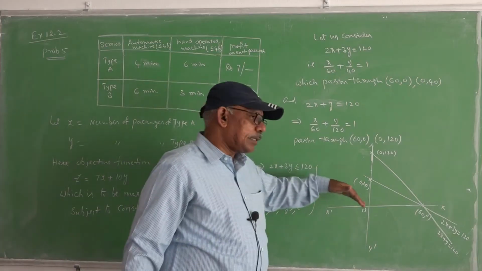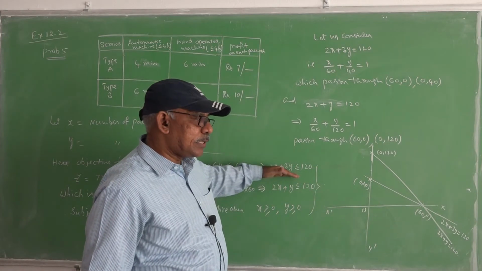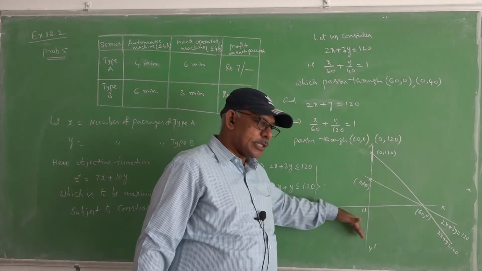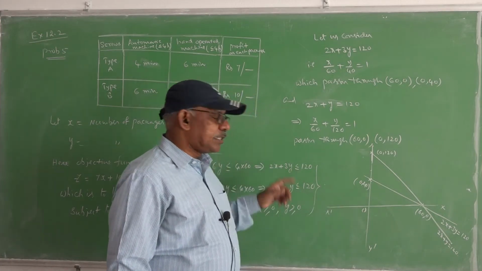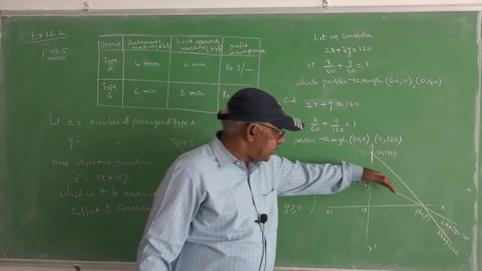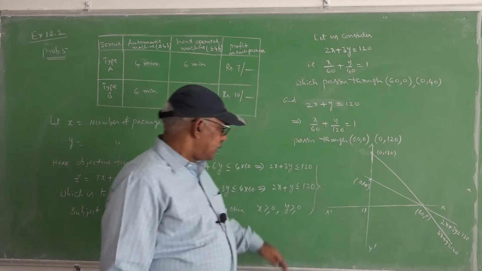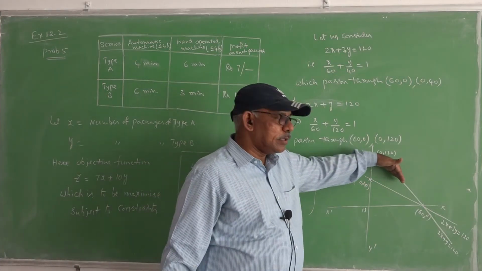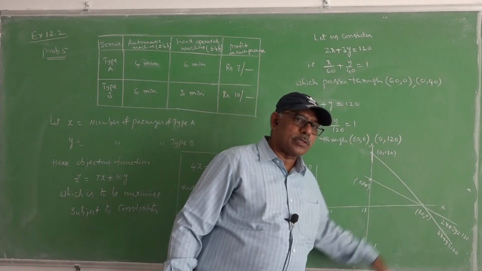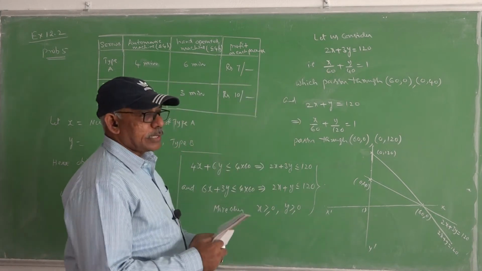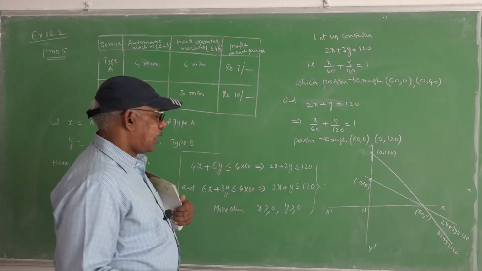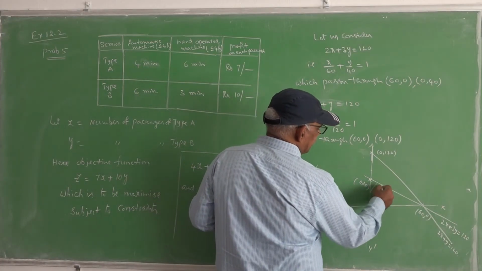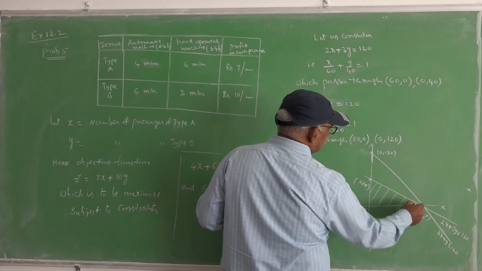Hence, the region which satisfies this inequality is below this straight line. That means towards the origin, because origin satisfies this inequality. Similarly, origin satisfies the other inequality, hence take the region towards the origin. In both cases, take the region towards the origin, and x greater than or equal to 0, y greater than or equal to 0 means you have to consider this part.